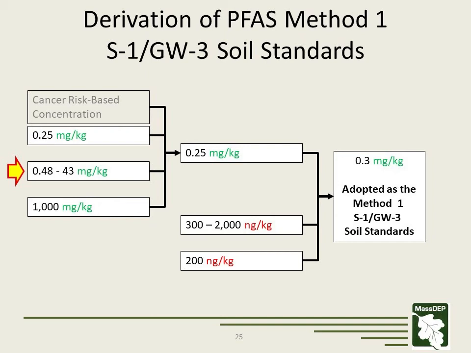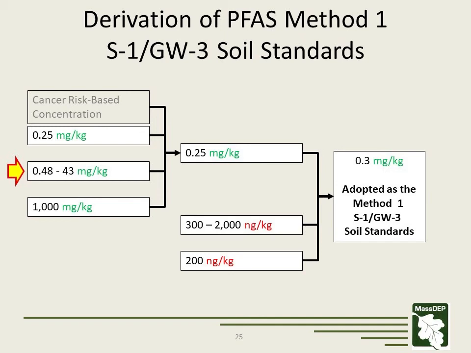You might notice that these values are significantly higher than the 200 nanogram per kilogram value we just saw in the S1 GW1 calculation, and that's because the GW3 standards are significantly higher than the GW1 standard.